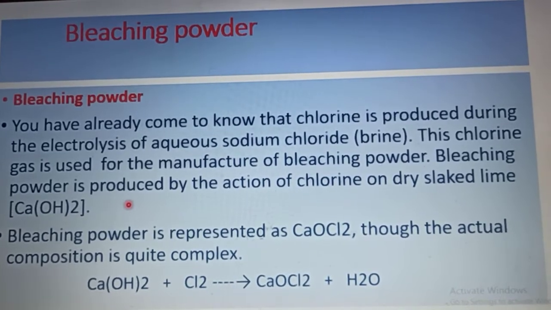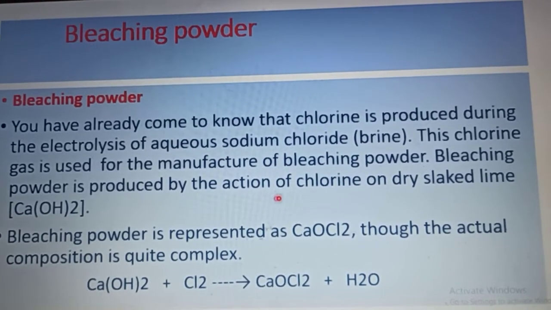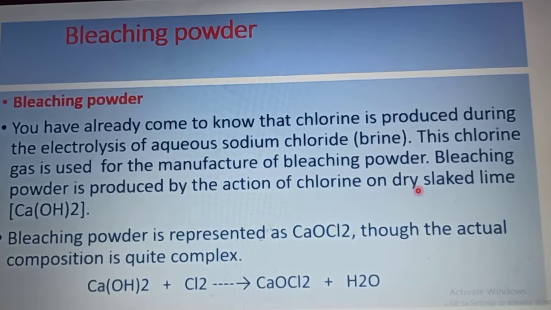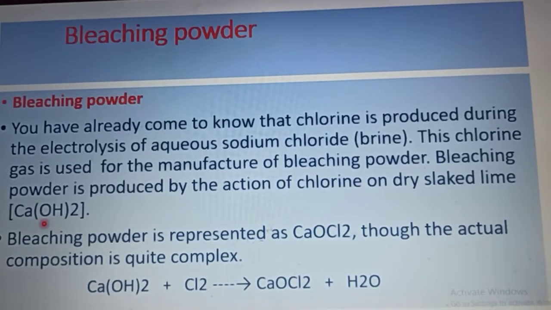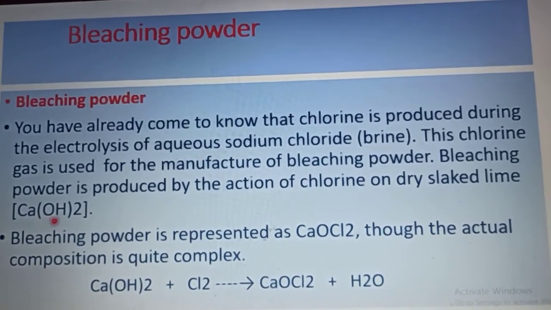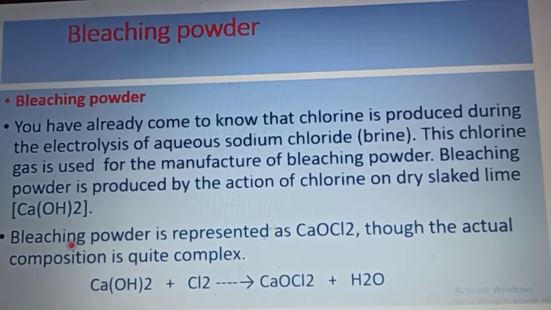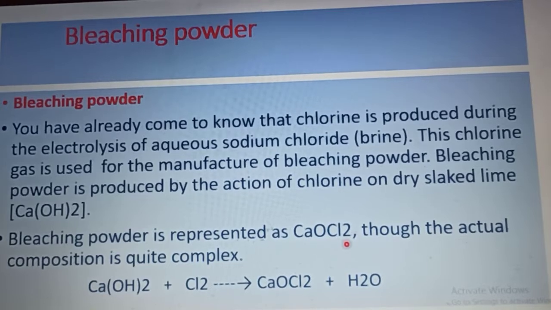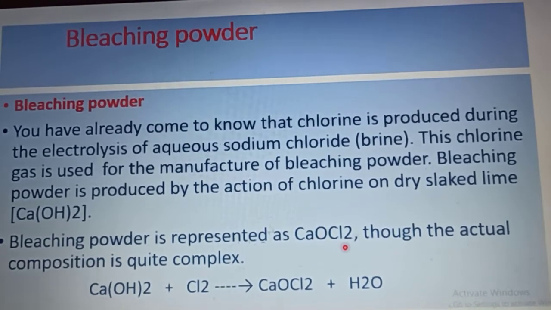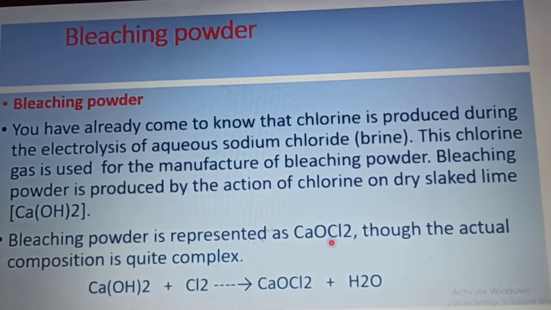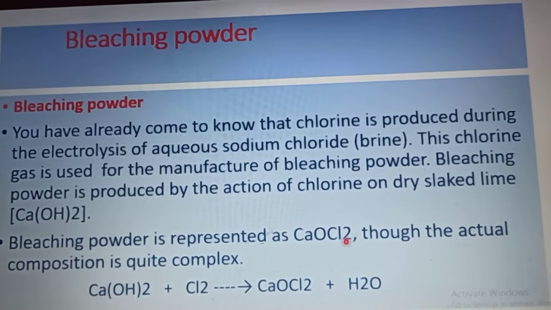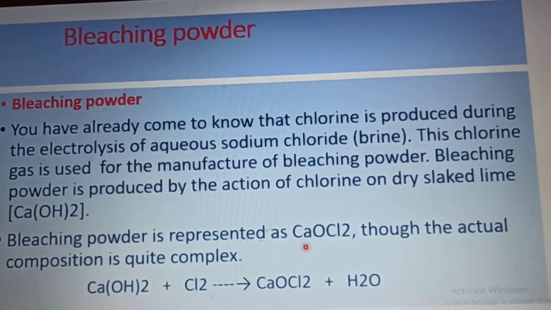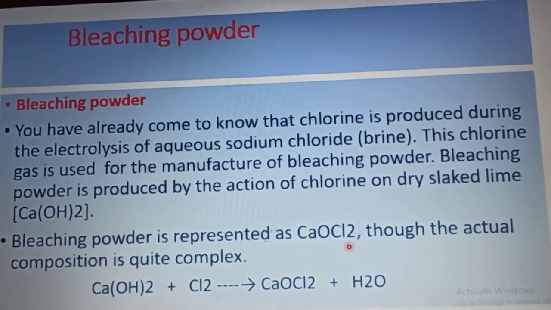Bleaching powder is produced by the action of chlorine on dry slaked lime, that is calcium hydroxide, Ca(OH)2. So bleaching powder is represented as calcium oxychloride, CaOCl2. Learn the formula of bleaching powder, learn the chemical name of bleaching powder, that is calcium oxychloride.